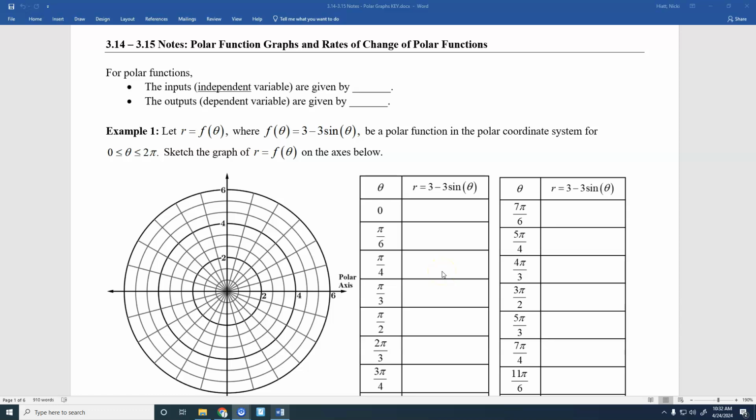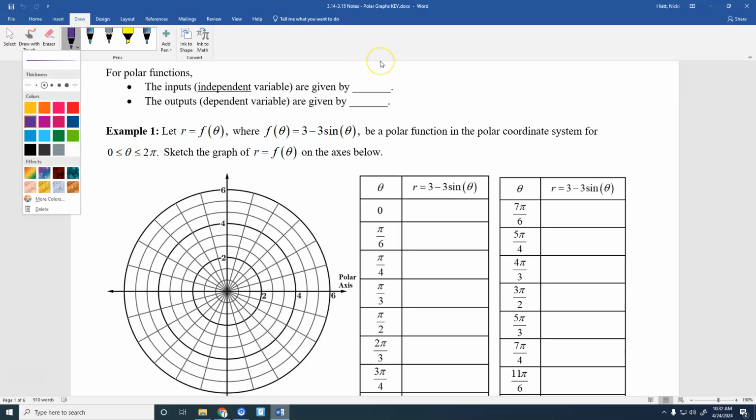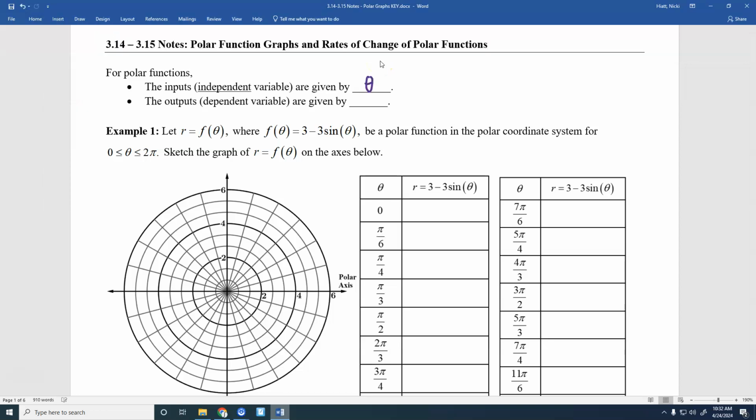All right, so in our polar functions, our inputs or our independent variable are given by the theta. And the outputs or the dependent variable are given by the r.